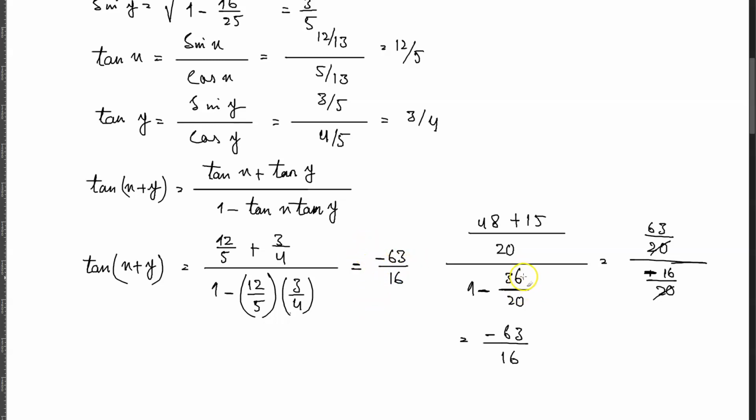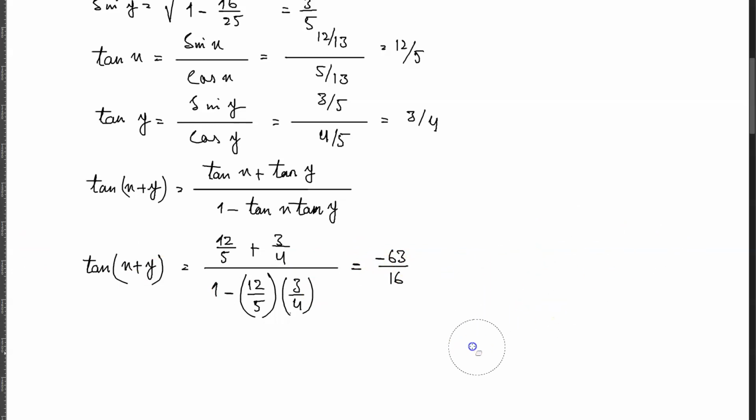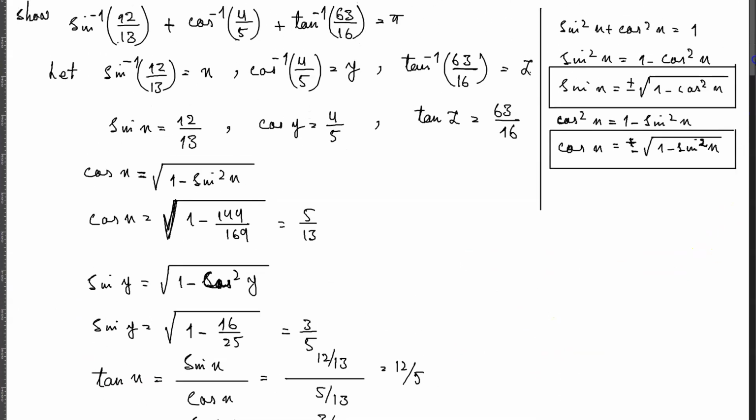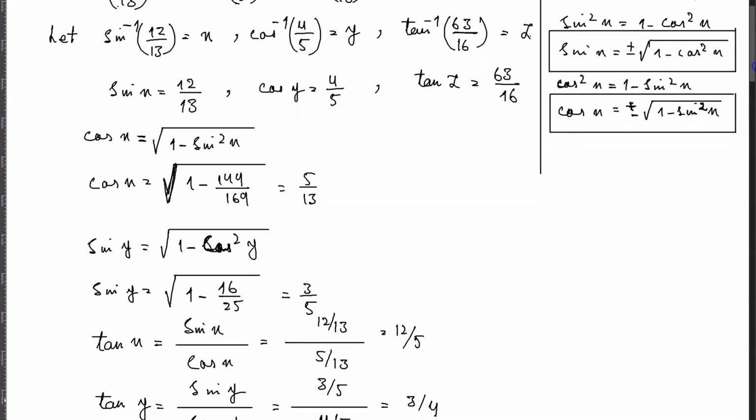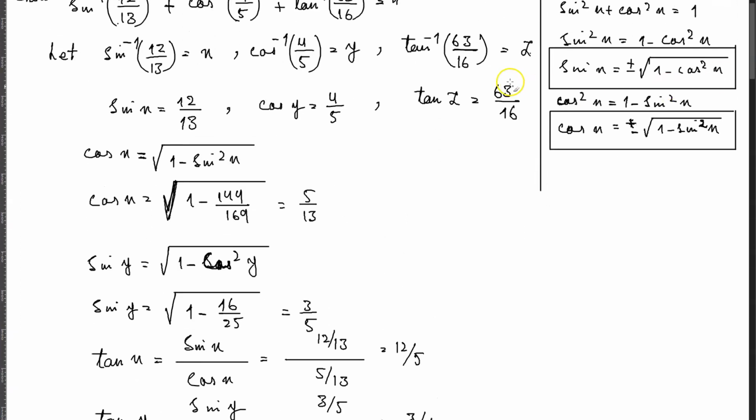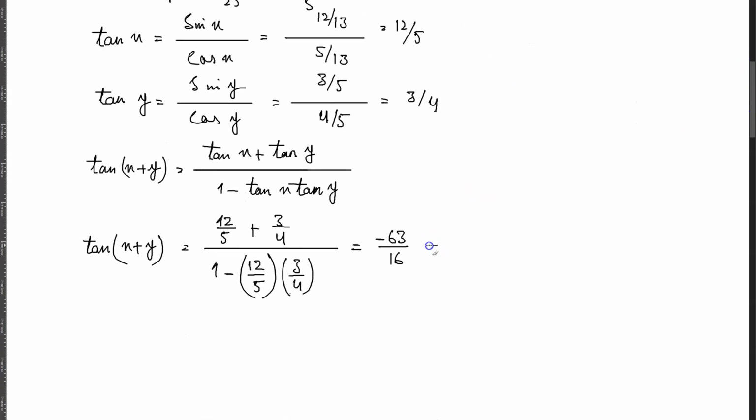Now what happens here is that, as you can see, tan of z, we said it's 63/16. So that is equal to negative tan of z, right?